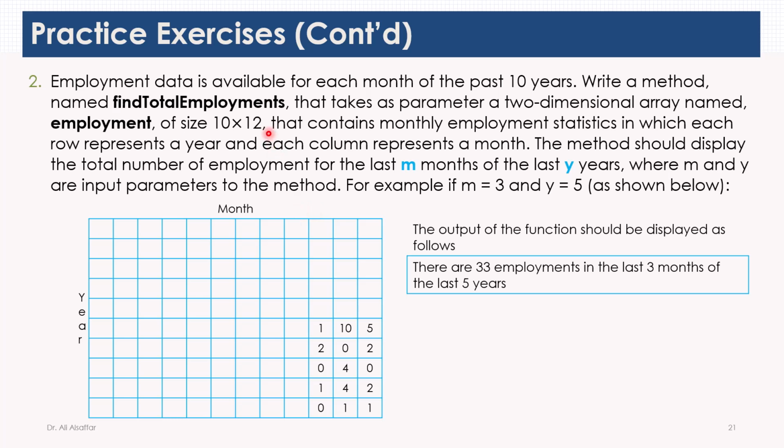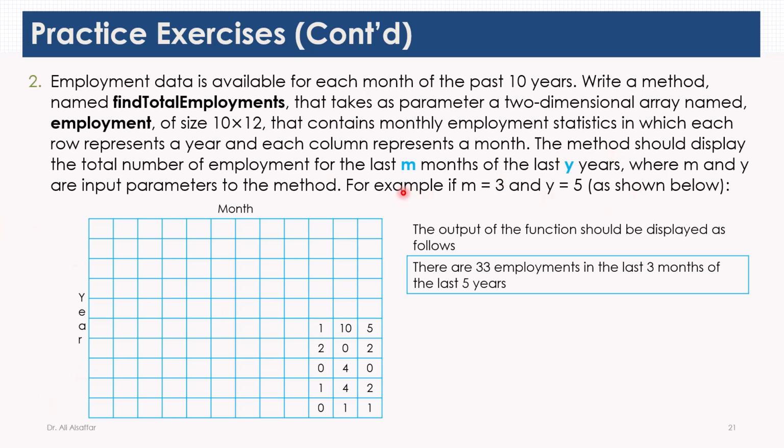In addition to the two-dimensional array employment, there are two other parameters that we should supply to the method. Both of them are integers. The first one represents the month and the second represents the year. So the month means the column, and the year means the row.